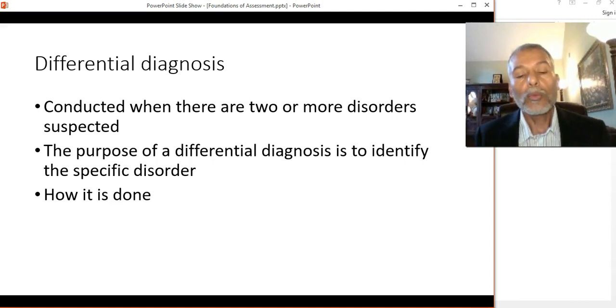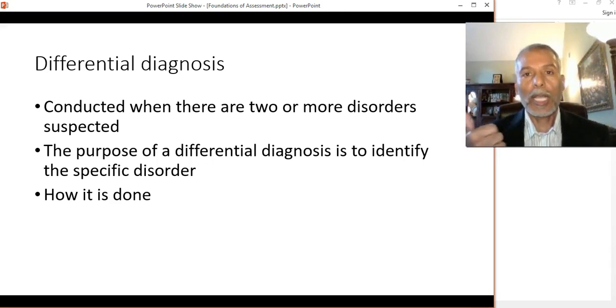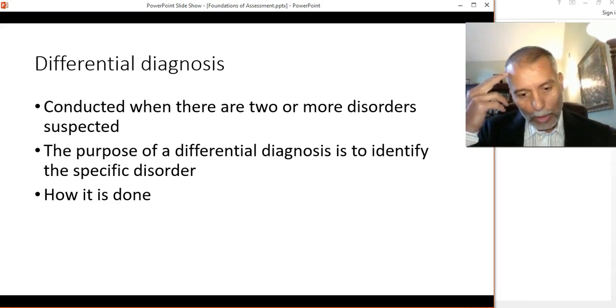Another example: let's say someone comes to you and says this person is having a problem with comprehension. Now we know that comprehension problems can be caused by any number of things. Some comprehension problems are specifically caused by language problems. For example, someone doesn't have the vocabulary, or they do not have good grammatical rules.